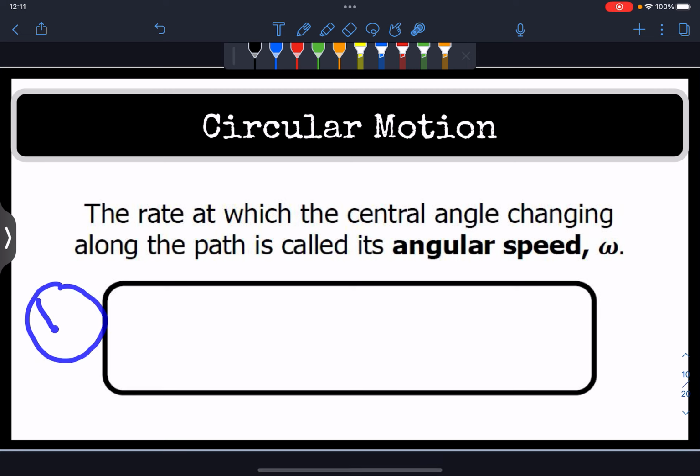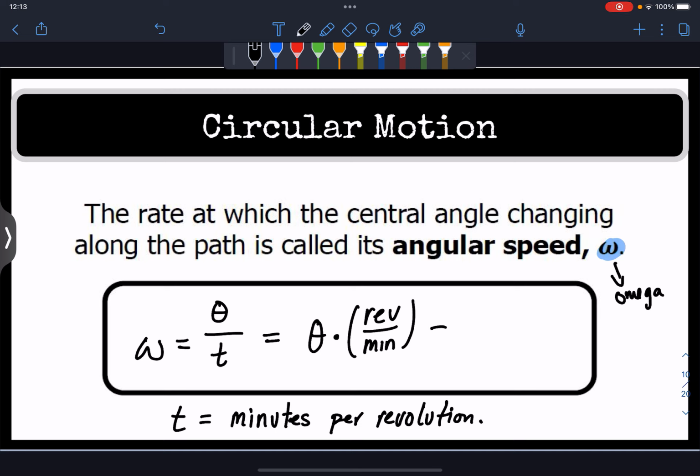And by multiplying by 1 over t, that means we're multiplying by revolutions per minute, which I'm going to denote as RPMs. So the way we're going to get our omega, our angular speed, is simply getting our central angle and multiplying it by how many RPMs there are.